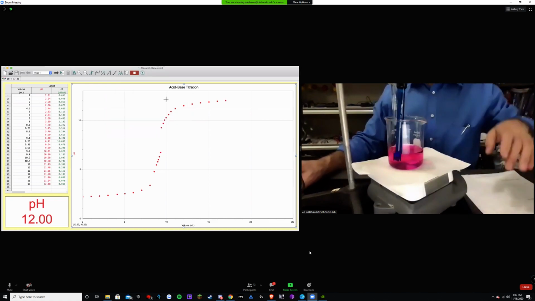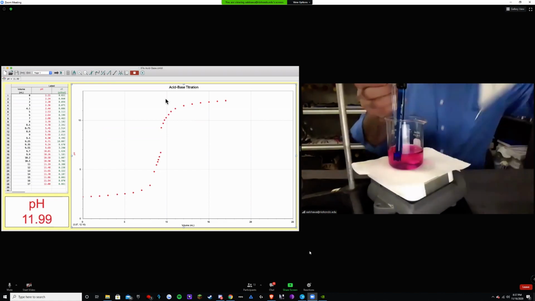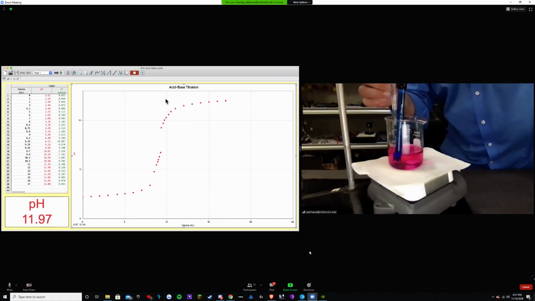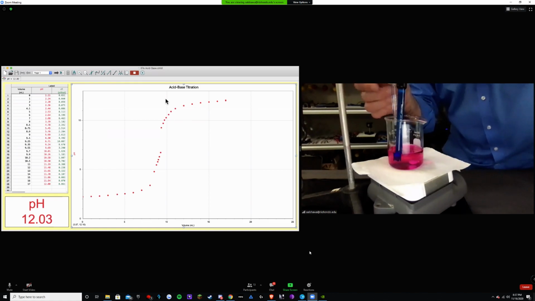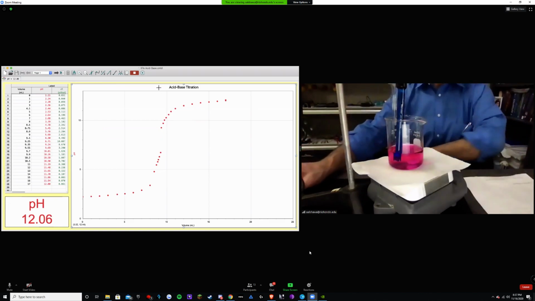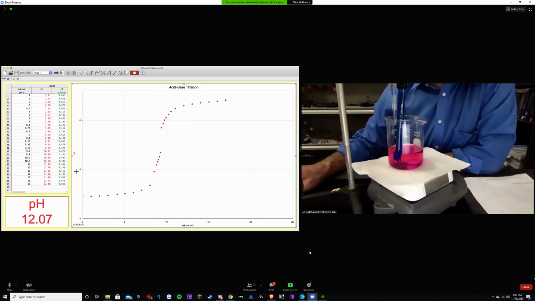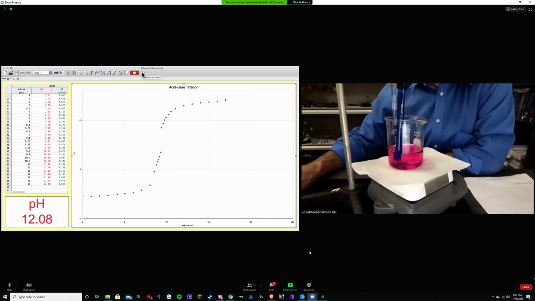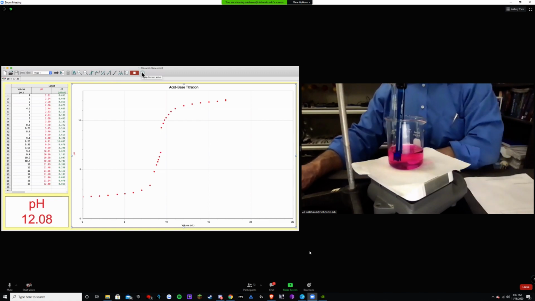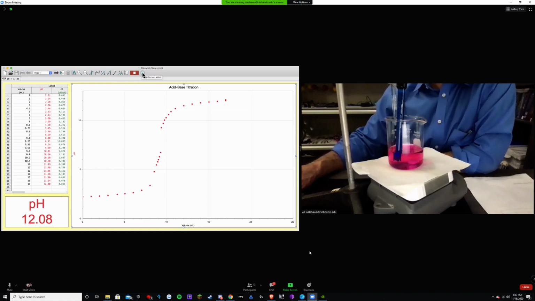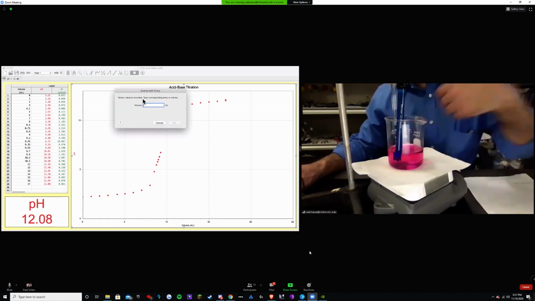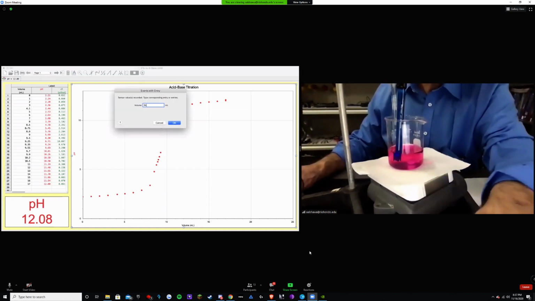Just for the sake of fun, I can add 2 milliliter in one scoop, up to 19. So I delivered 19 milliliter. Nothing drastic is going to occur. The pH remains almost 12, solid, which means the straight line has developed. So far I'm at 19 milliliter. Let me record that value and I'll stop the collection.